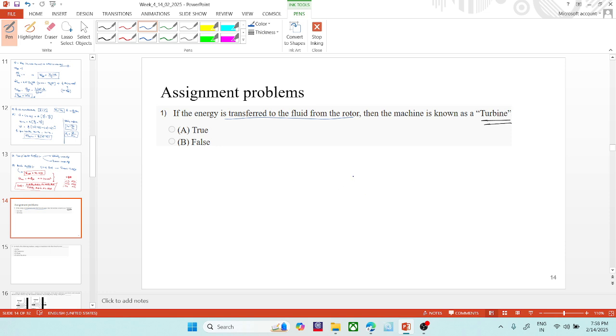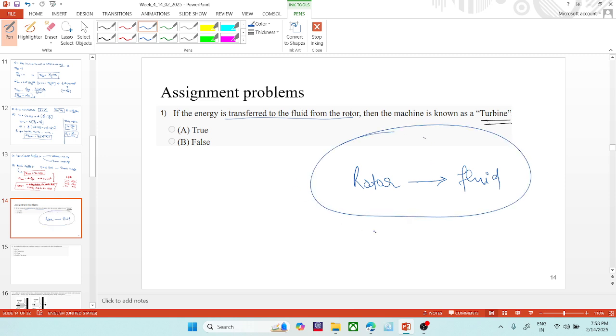So here the energy transfer takes place from rotor to fluid. So this device could be a fan or a compressor or a pump. So this statement is wrong. So this is false, and option B would be correct.